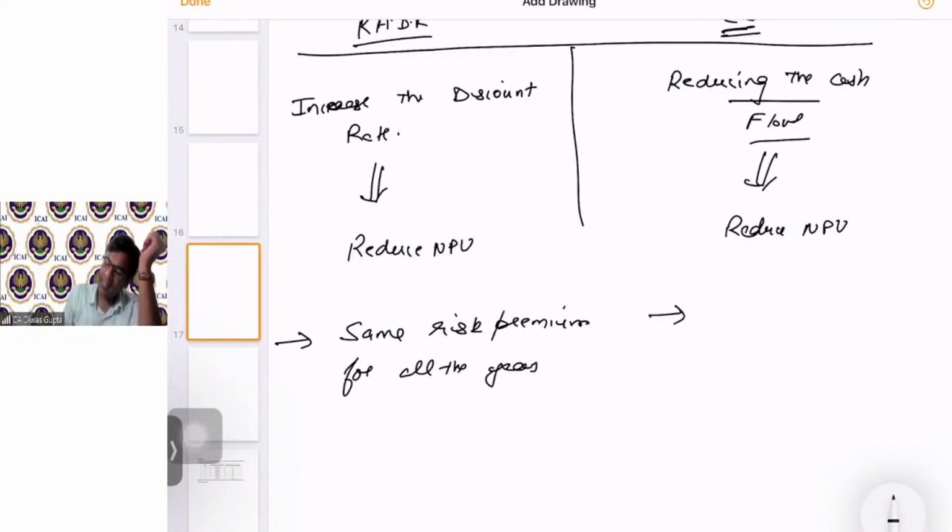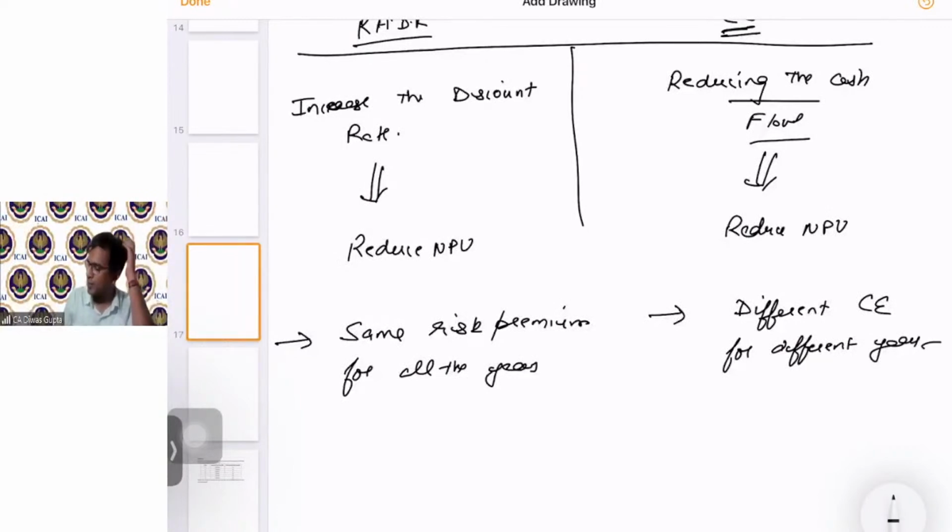However, in this case, you can have different certainty equivalent coefficients for different years. And hence this is somewhat a better approach than the RADR.